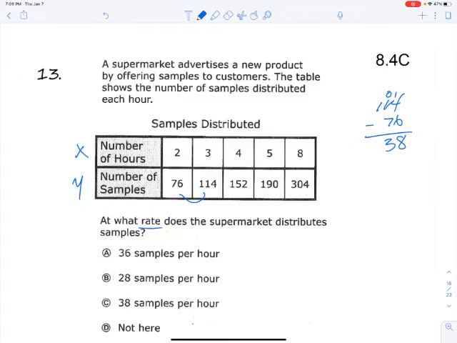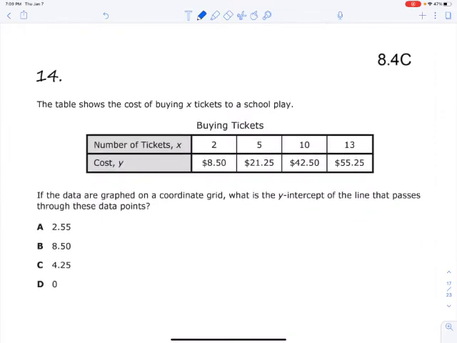So our top number is 38, and we're going to divide that by, what is the pattern on the x values? 1. So how many things do we give out each time? 38 per hour. So that means my answer is not A. I circled the wrong one there. My answer is actually C, 38 samples per hour. Okay, next one.